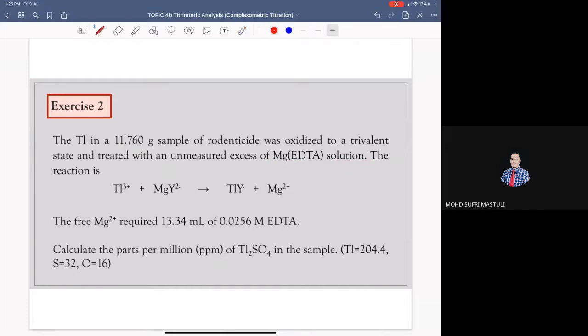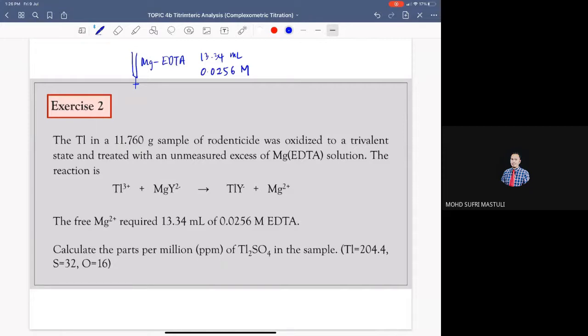So meaning that the titrant is Mg-EDTA. So this is the chemical equation of the reaction. The free Mg2+ required 13.34 milliliter of 0.0256 molar.